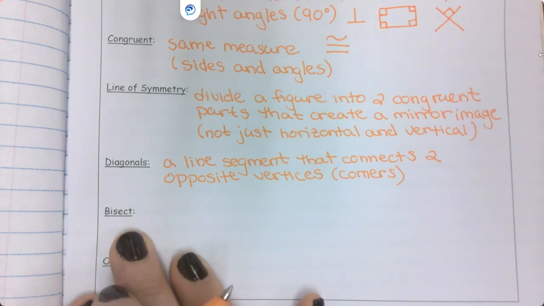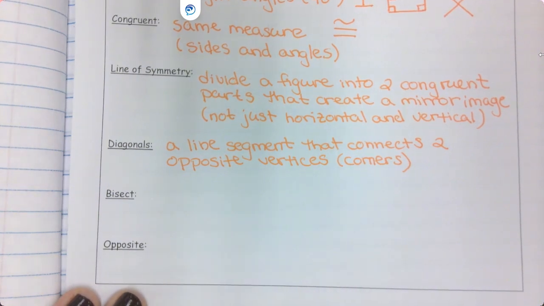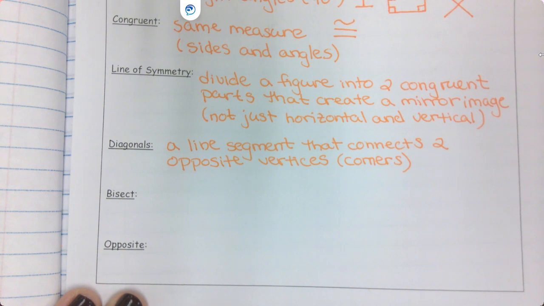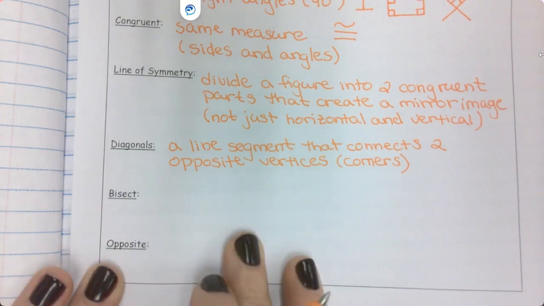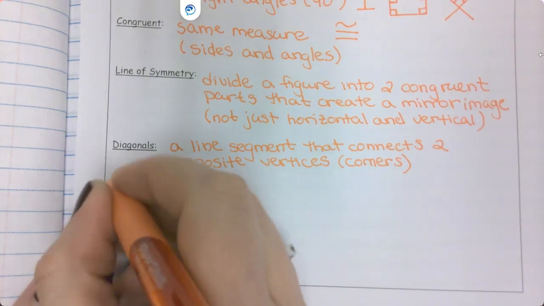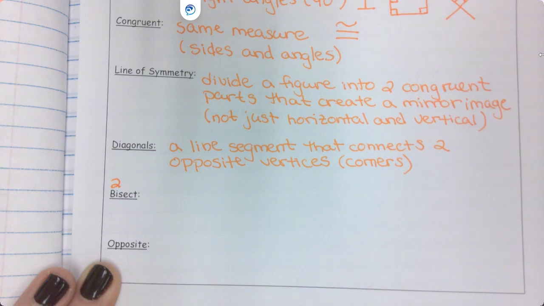Bisect. So bisect, if you think of any words that could sound similar to bisect. In one class somebody said dissect, like to dissect a bug or an animal. Or bicycle starts with the same prefix as bisect. So the prefix bi means two, like bicycle, there are two wheels on a bicycle.